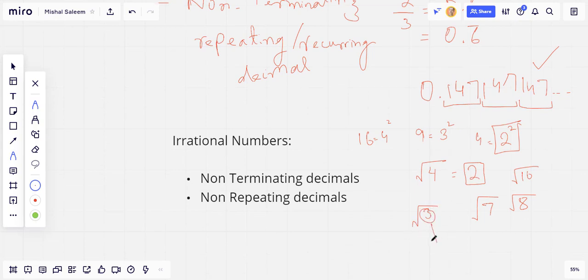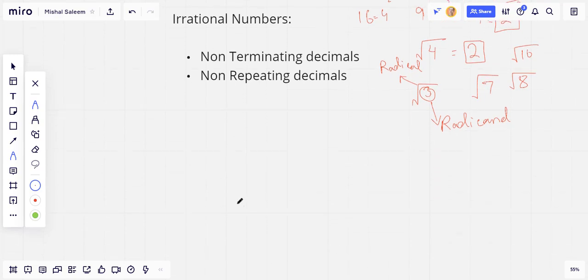Also, the number inside the root is called the radicand, and this symbol, root, is called the radical sign.